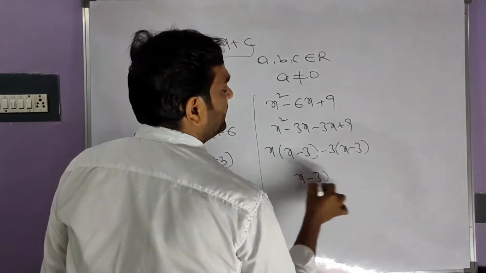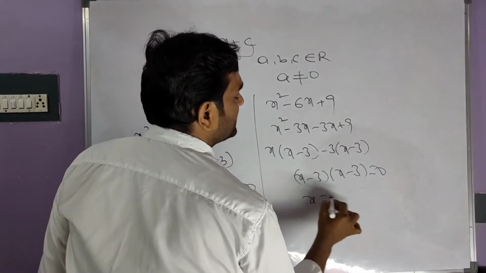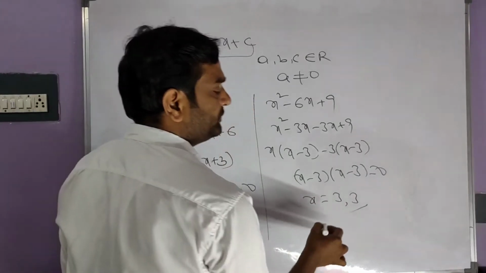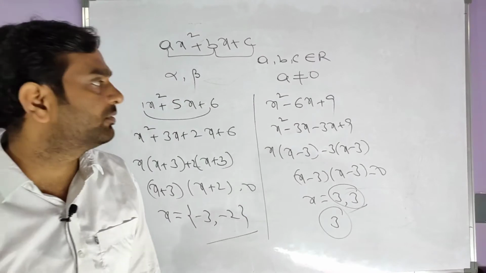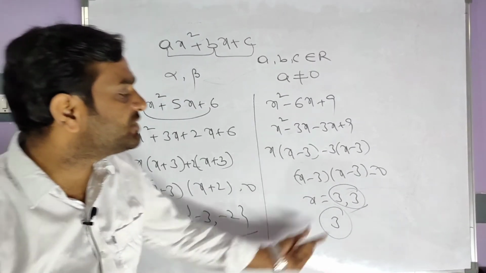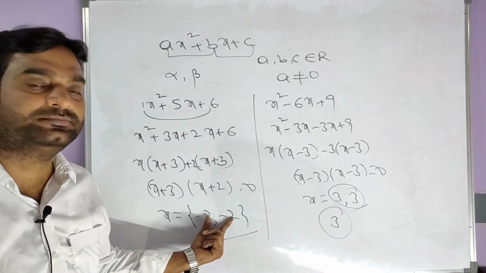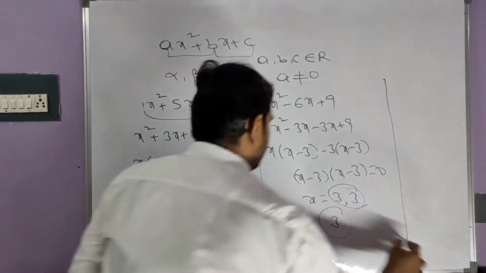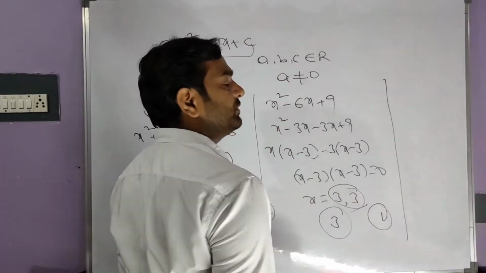You get x minus 3 and x minus 3. X equal to 3 comma 3. You got 1 zero of the given polynomial. Why? Because here the zeros are equal. In the previous case the zeros were distinct, different. Here the zeros are equal. There we got two zeros, here we got 1 zero.